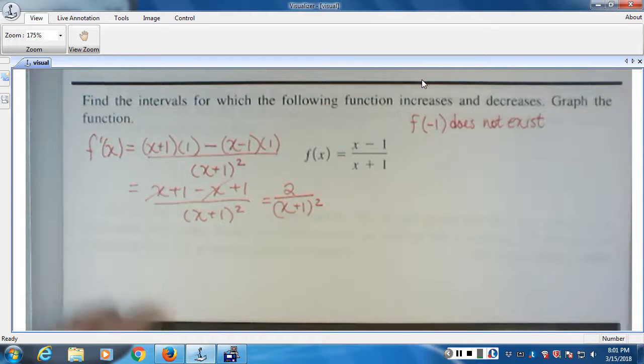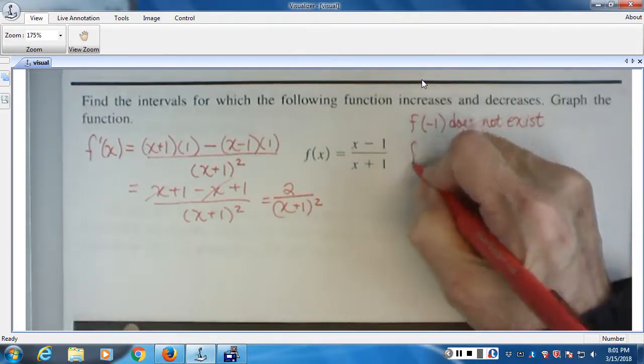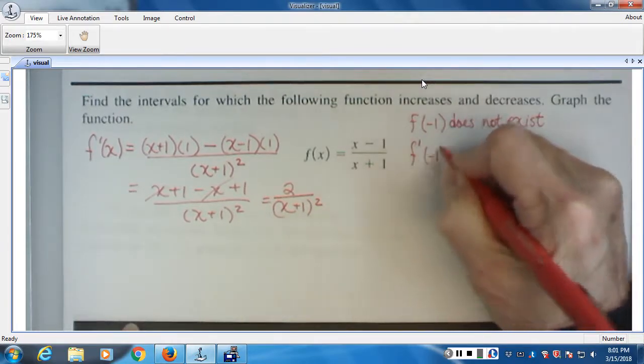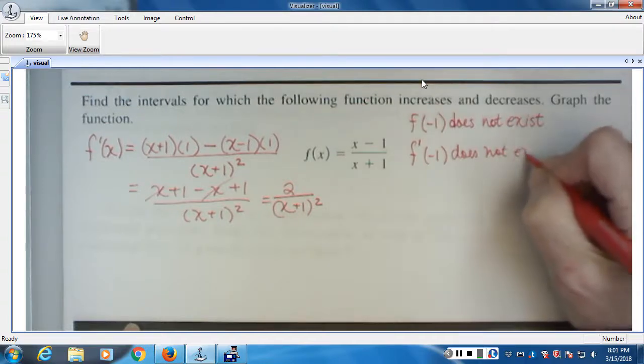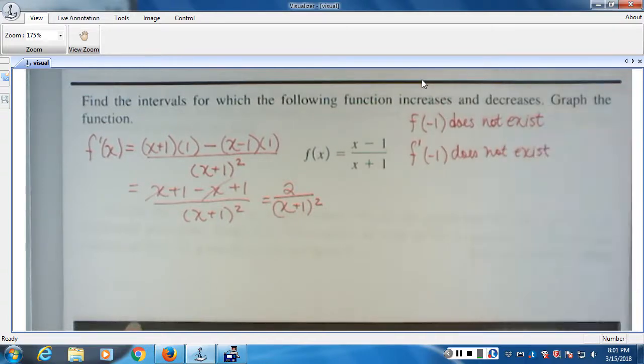So here's the hitch. F of -1 does not exist. In addition, f prime of -1 does not exist. Okay? This time, neither one of them exists. Last time, the derivative didn't exist, but the function did. This time, the function doesn't exist either.